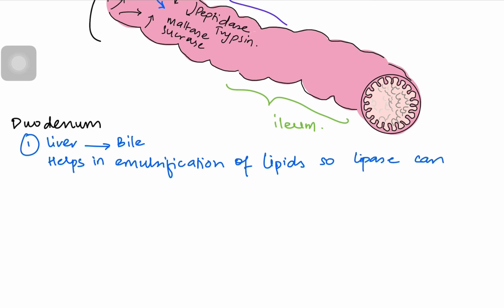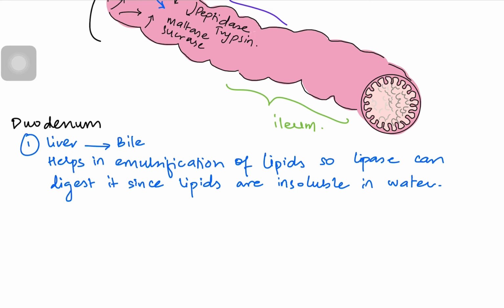So the lipase, which is an enzyme, can digest it. Because fats are water insoluble, right? So we need the emulsification. So let's write it. Since lipids are insoluble in water, that is why we need emulsification to mix it with water along with the enzymes. That is what bile does.